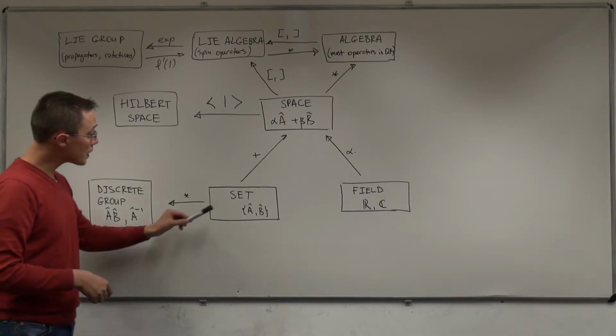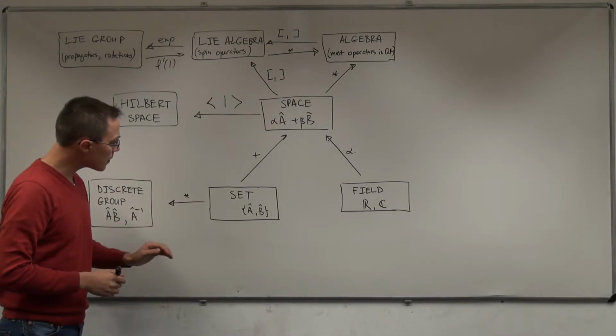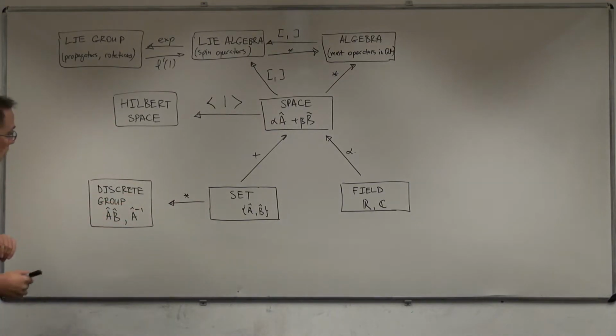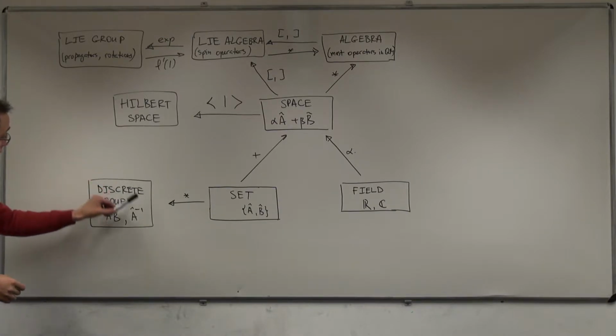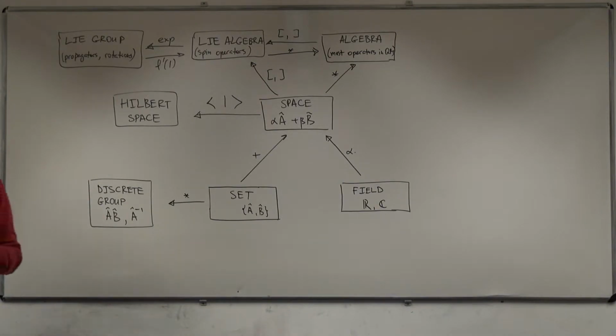Right, so if we take a set and we simply allow pairwise products, and importantly inverses, what we get is something called a discrete group. And examples of this kind are finite groups that we have in molecular symmetry treatment, crystallographic point groups of crystal lattice translation and rotation, then permutation groups of a finite number of objects and such like.